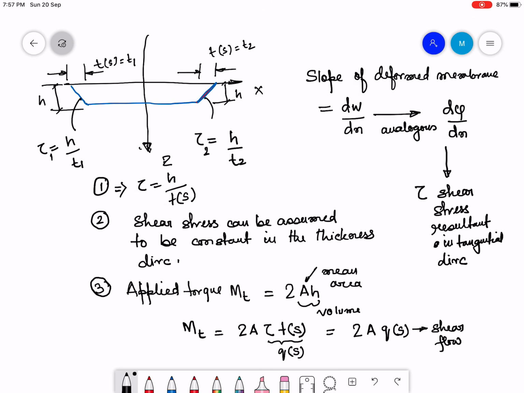Okay, so there is an interesting thing about the shear flow. So what is shear flow? Shear flow is equal to the product of the shear stress and the thickness of the shaft cross section at that location. Now you see what is qs.